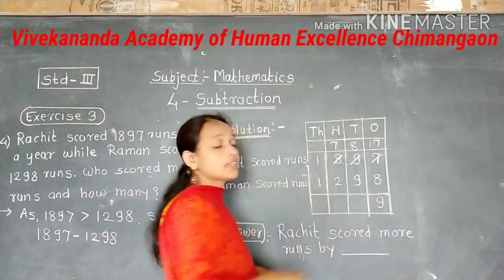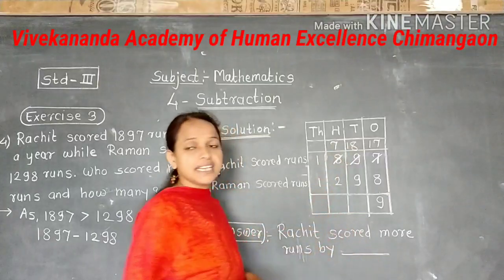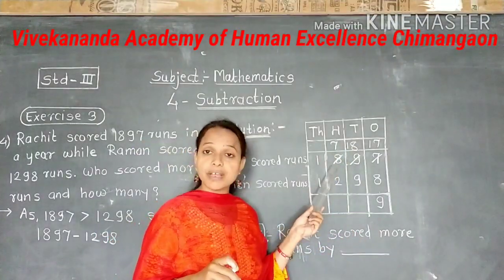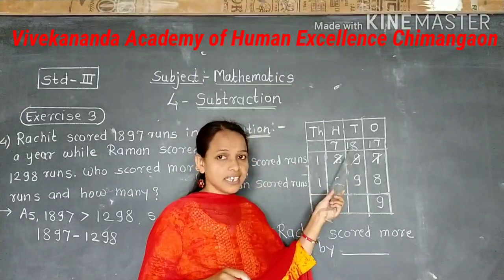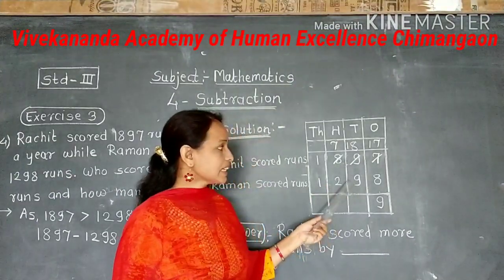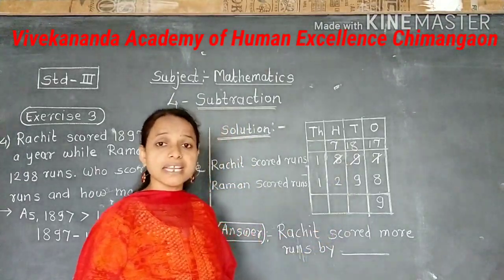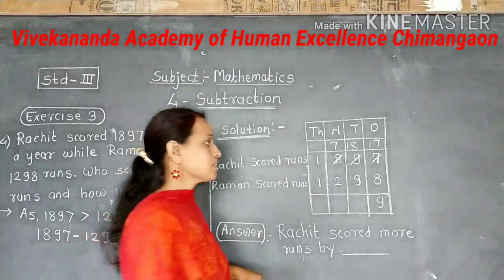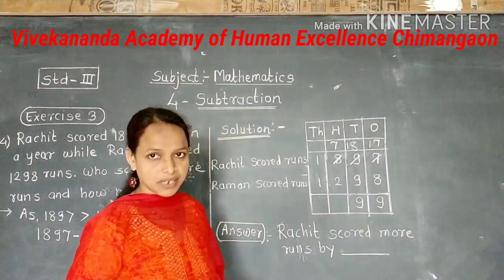And here 8 tens become 18 tens. So we regroup 8 hundreds into 7 hundreds and 18 tens. Now subtract 9 tens from 18 tens. 18 minus 9, 9. So 9 we write in tens place.